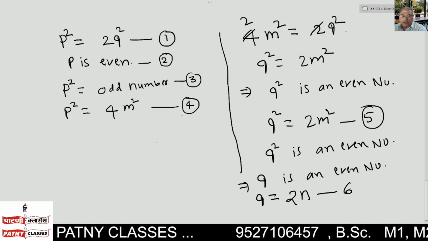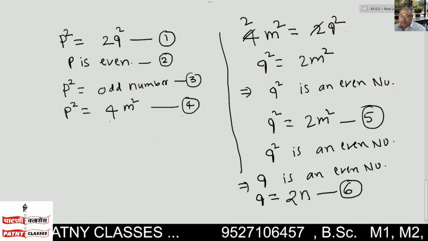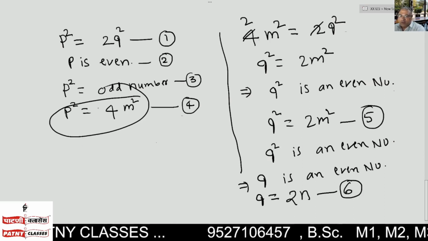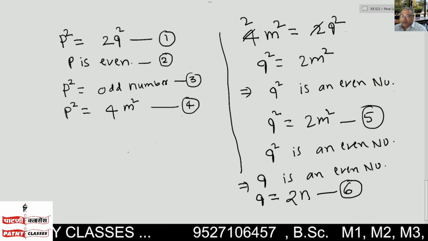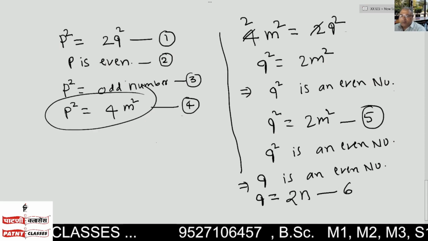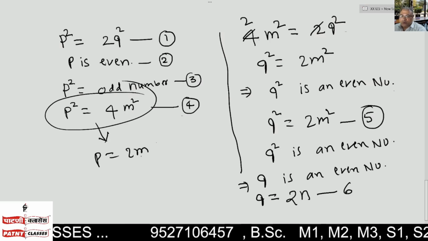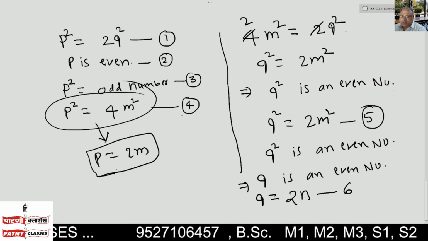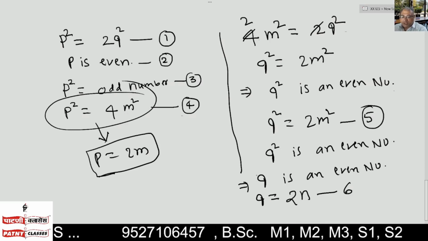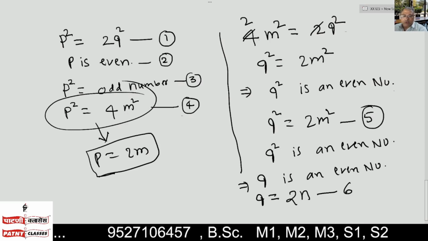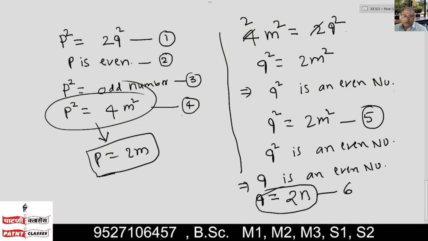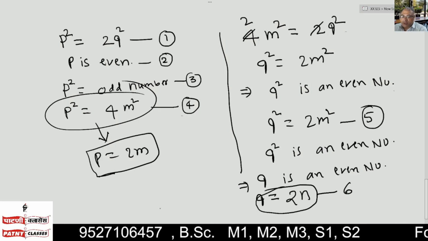Let us call it equation number 6. And from equation number 4, we already have p square equals 4m square, which implies p equals 2m. So now I have two outcomes: p equals 2m and q equals 2n.